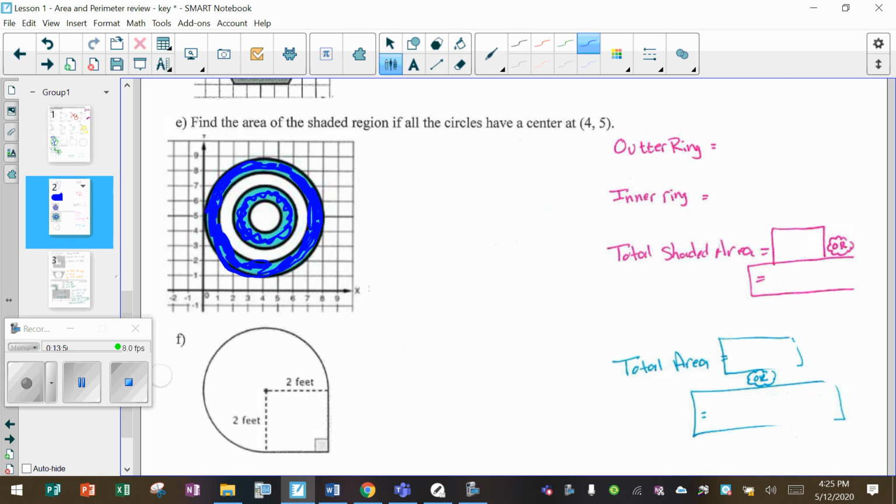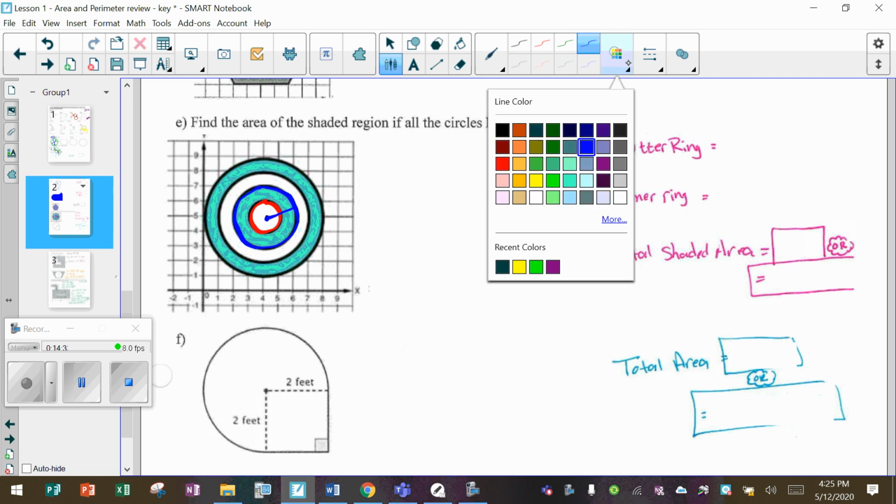So a strategy to do this is to figure out the area of each of the different circles that we see here. So I have the inner circle, like a bullseye. Then if I go to the next ring out, I'm going to get the area of the circle that goes from the center all the way out to that second circle. And then to get the area of the ring in between, we will subtract them.